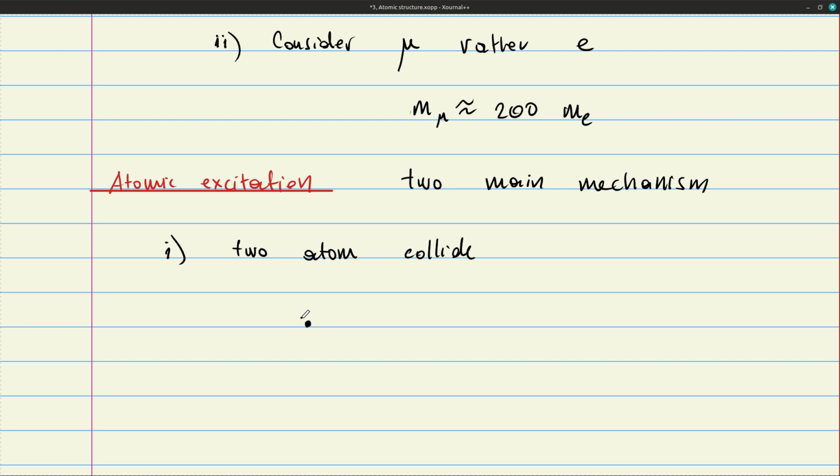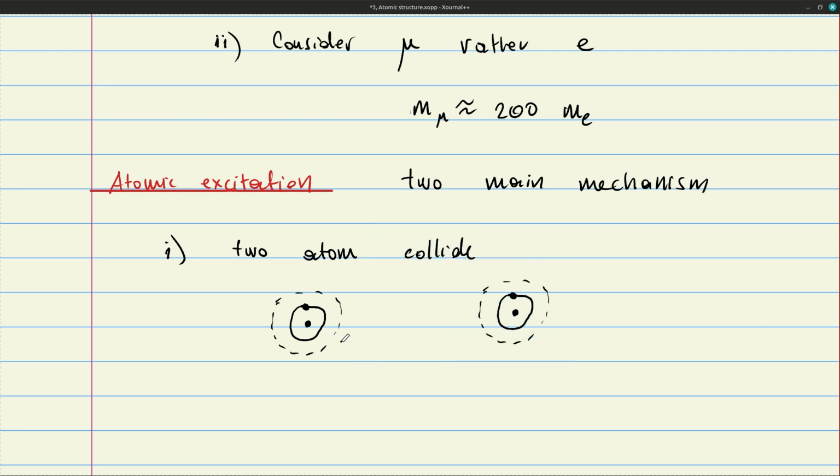There's a central nucleus, and I have a filled orbit. Let me write it like this. And I have an empty orbit. I take one of these atoms and bump it into another one, right?